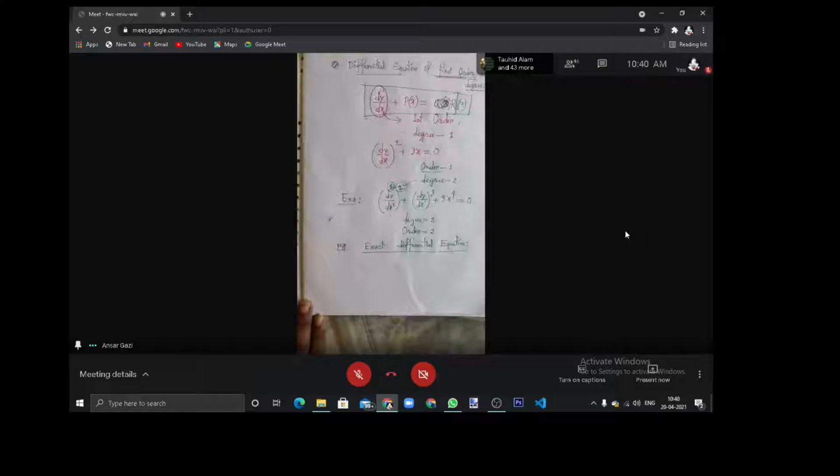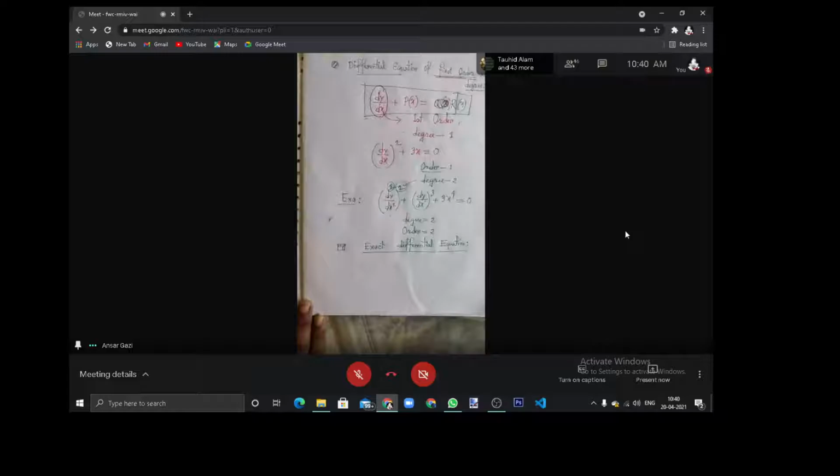For example, suppose dy/dx equal to (x square minus y) by (x minus y square), or y cube. This is a differential equation. So this can be written as (x minus y square) dy equal to (x square minus y) dx.